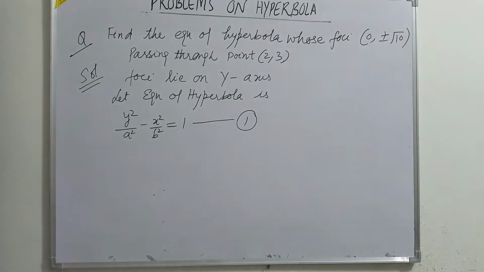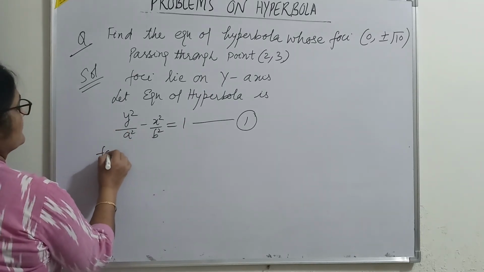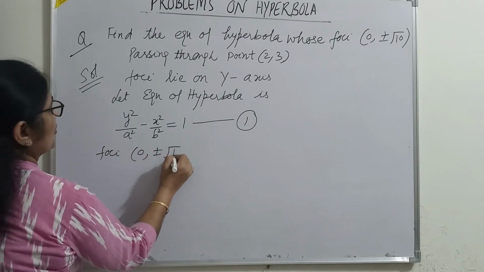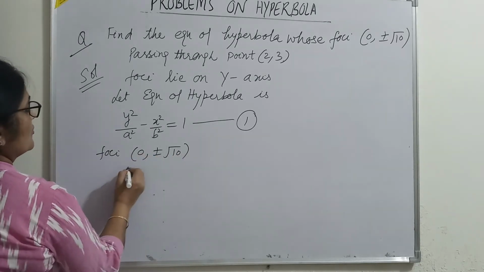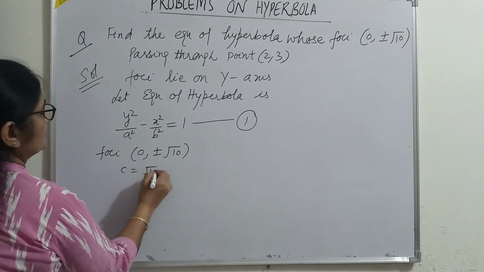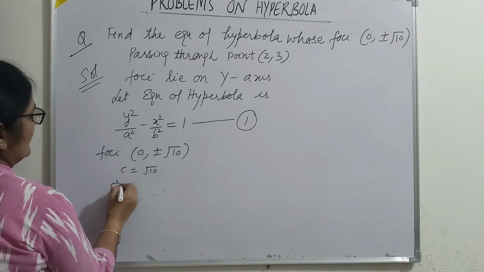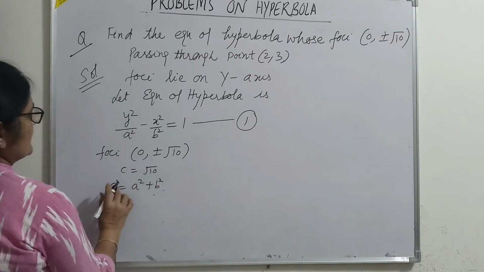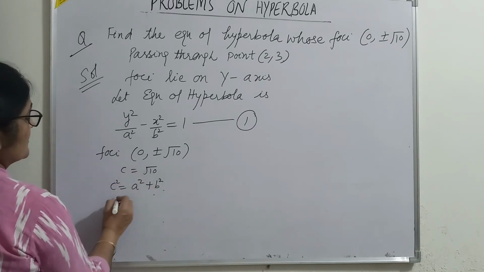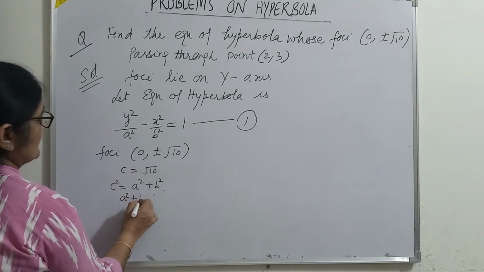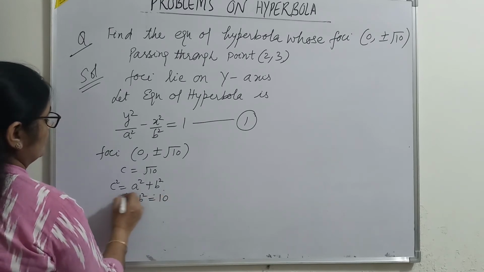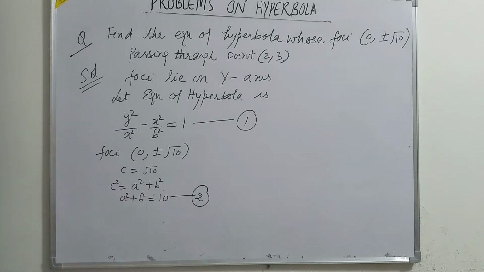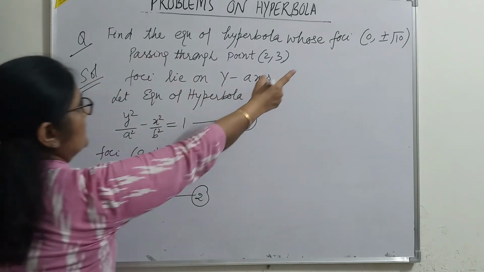And the foci are given as 0, ±√10. So c is √10. One of the relationships is c² = a² + b². c is given as √10, so we can say a² + b² = 10. Equation 2. Now the second condition is given.